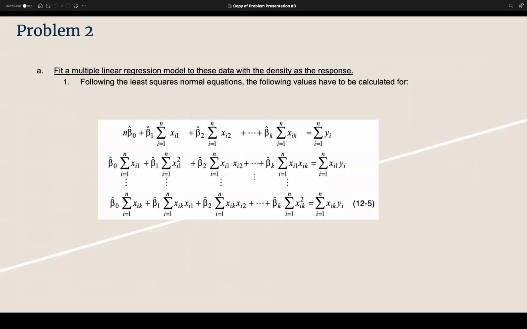Now, to get a multiple linear regression model using this data, we would follow the least squares normal equations. Therefore, we would follow this set of equations to get the values of beta 0, beta 1, and beta 2.